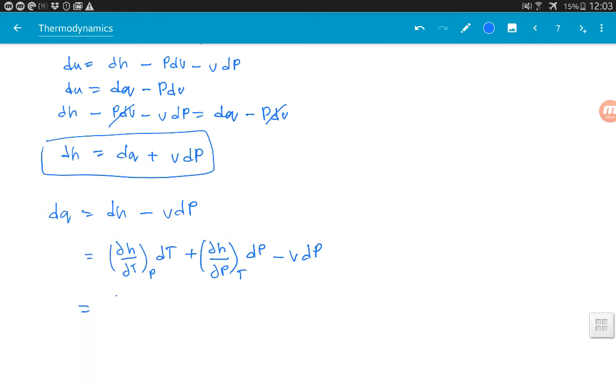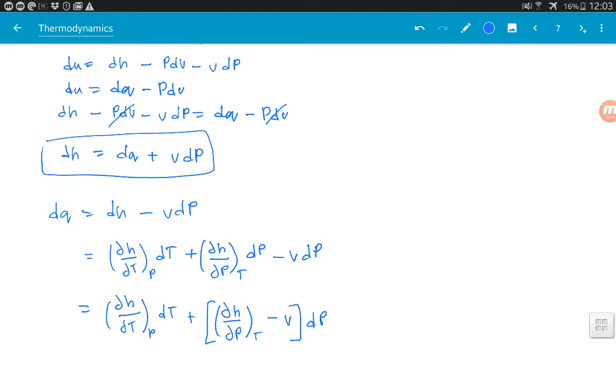Then it's almost similar to the last form when we factorize some of the variables here. So this is plus del H del P at constant temperature. So factorize the dP here, so this is minus V instead, so this is dP.